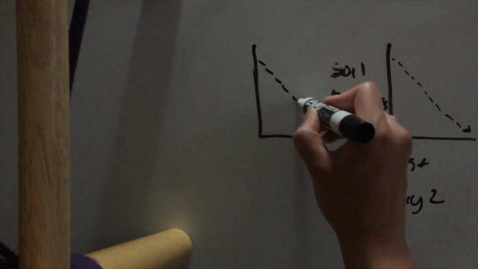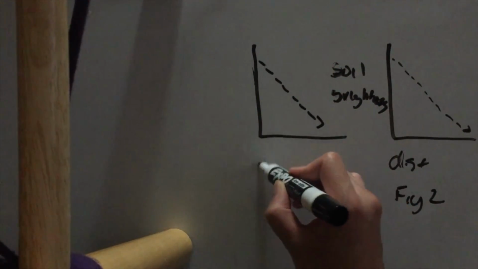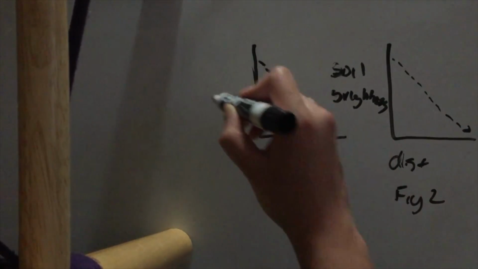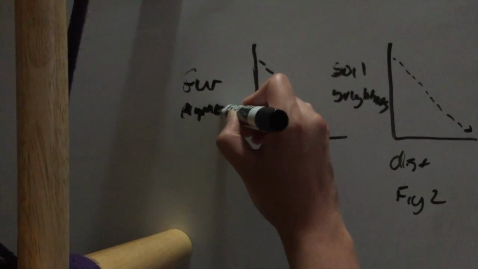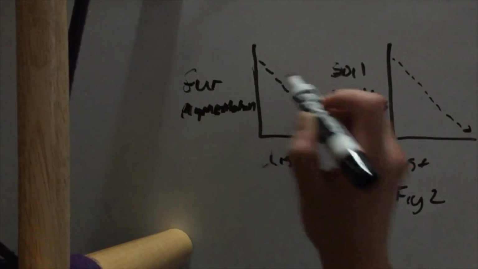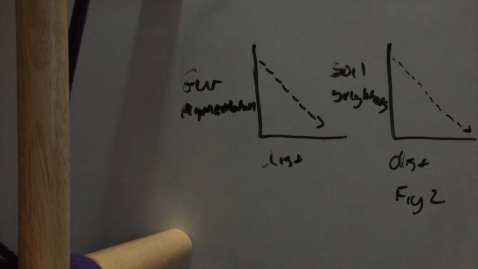And there's also a similar downward sloping correlation between distance and fur pigmentation, as seen in the various subfigures of figure 1.